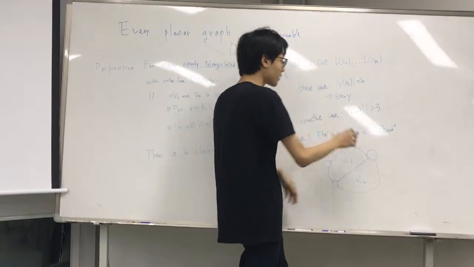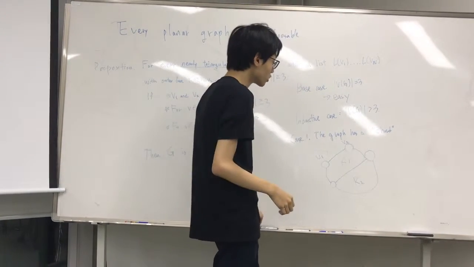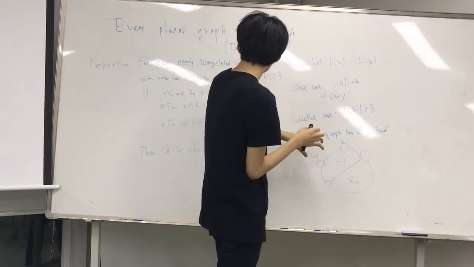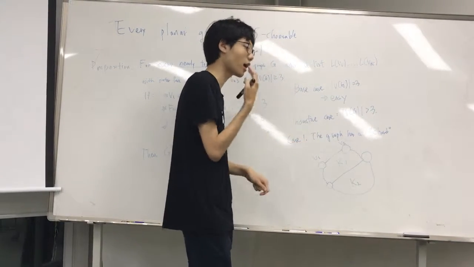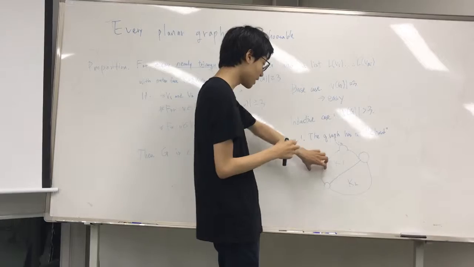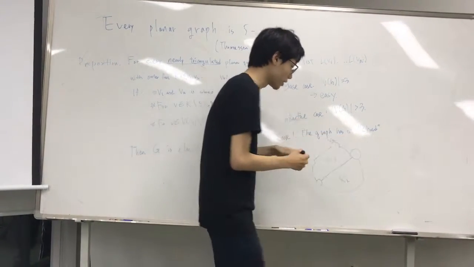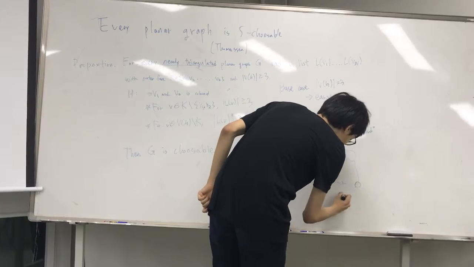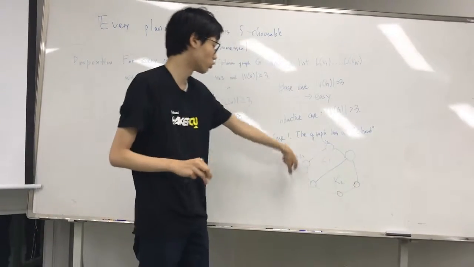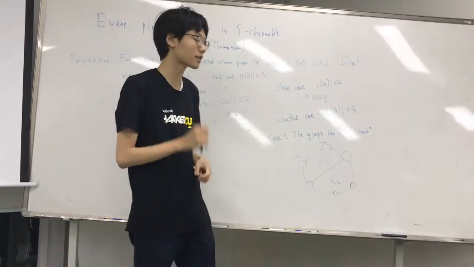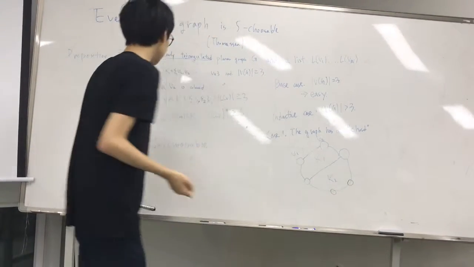So this one is not a chord because it connects vertices in the outer face that are adjacent. But this is a chord, because these two vertices are not adjacent.